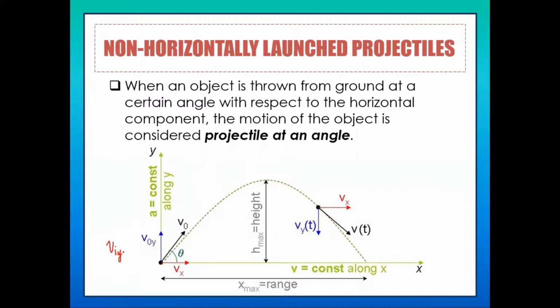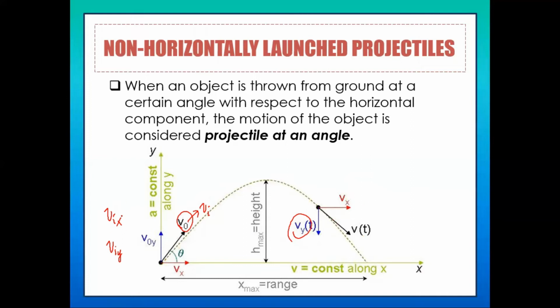V sub ix is the initial velocity at the horizontal component. The V sub o here, what we keep on using is V sub i, meaning initial velocity. V sub y here means the final velocity. V sub x means the final velocity at the horizontal component, or the x-axis.